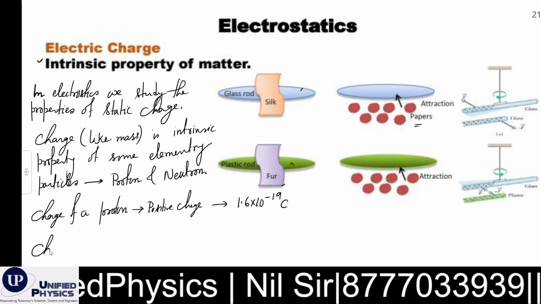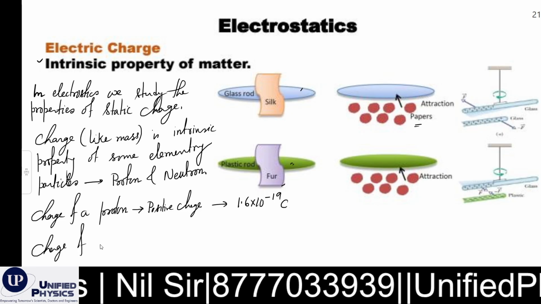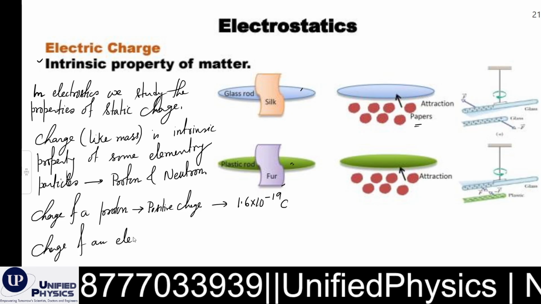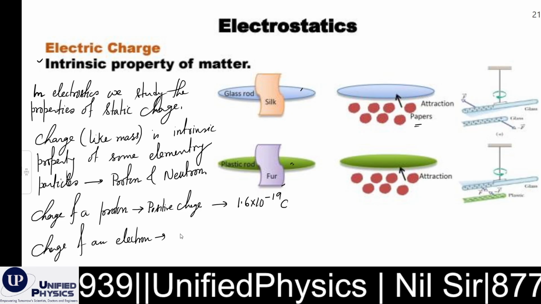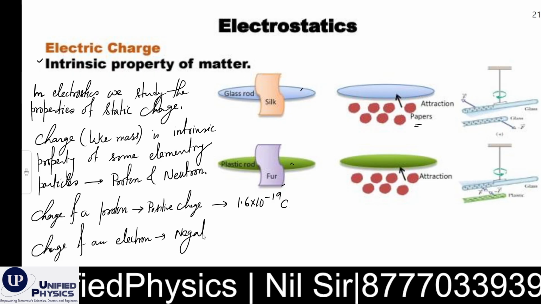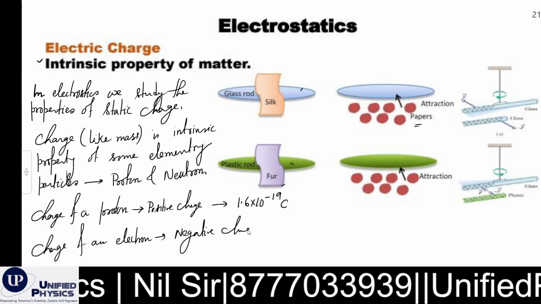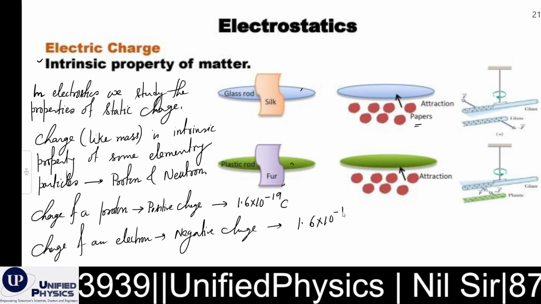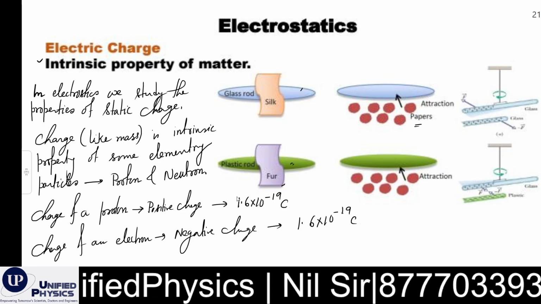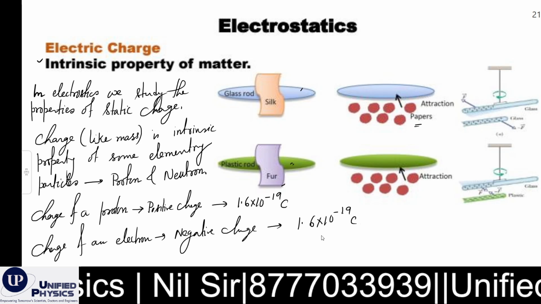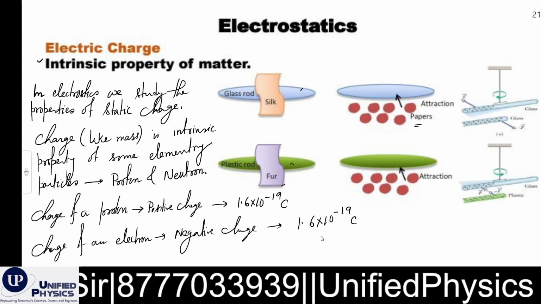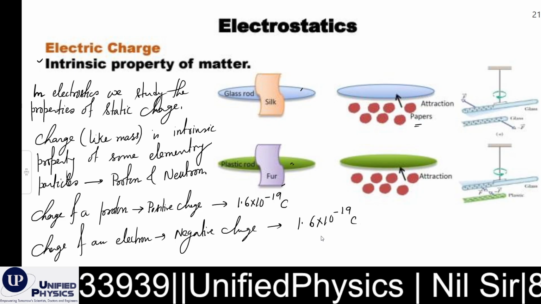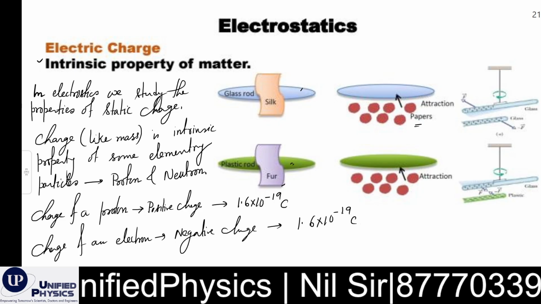Charge of an electron is negative charge, which is equal to 1.6 into 10 to the power minus 19 coulomb in magnitude. So you can say this is positive charge and this is negative charge. So we can write it in this way also, kinds of charge. That means we have two kinds of charge.